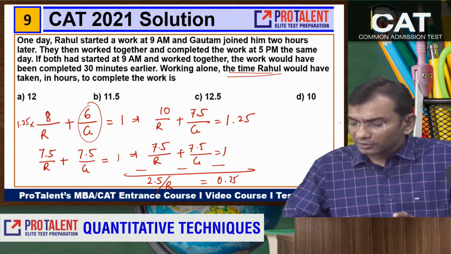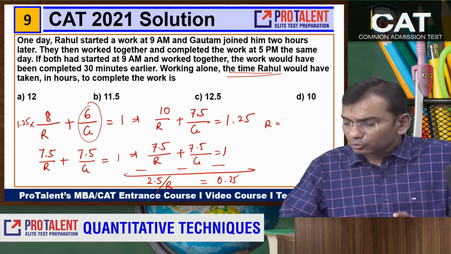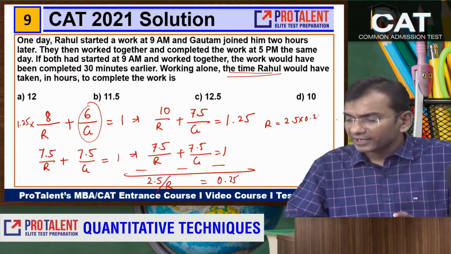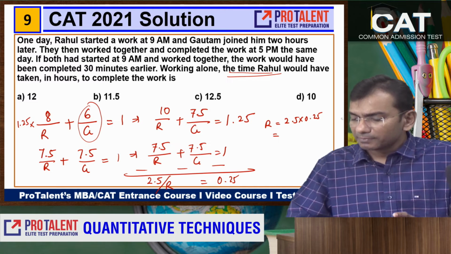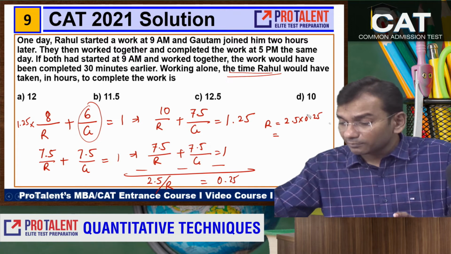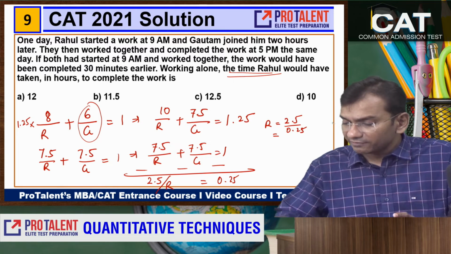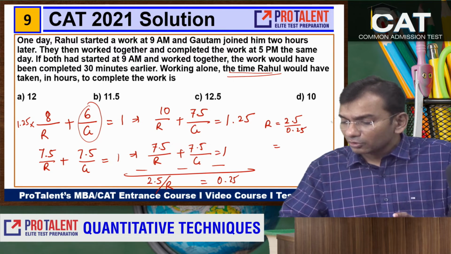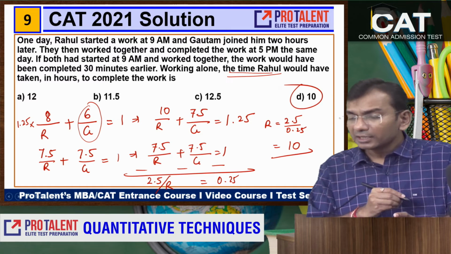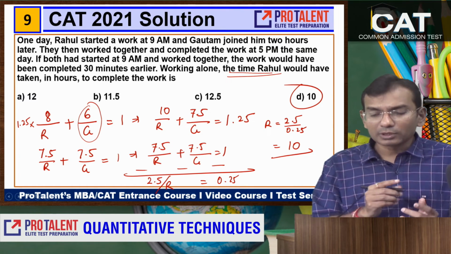Okay, so therefore my r would be 2.5 into 0.25. ठीक है. So this is basically divided by 0.25, not multiply. ठीक है. So that makes it to be 10. Okay. Rahul takes 10 hours to complete the work.